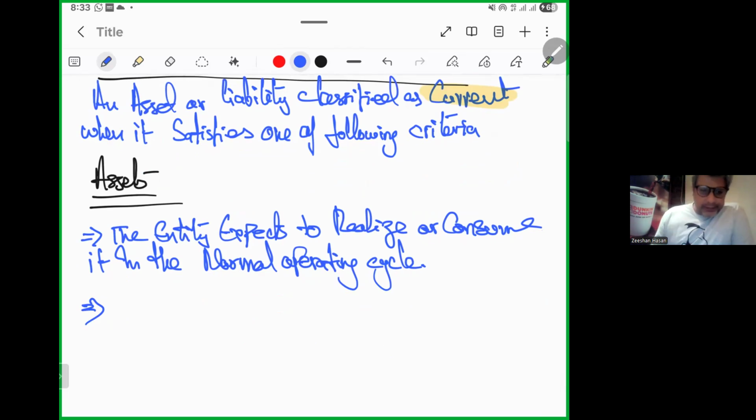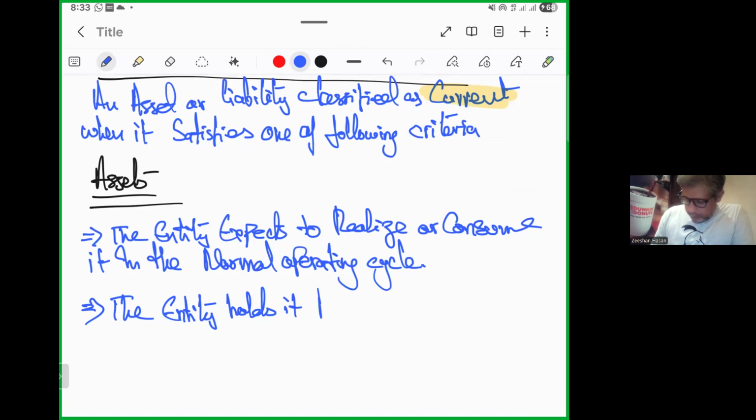The entity holds it primarily for the purpose of trading.